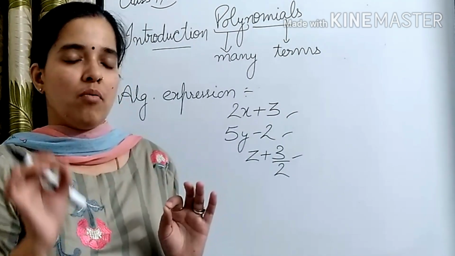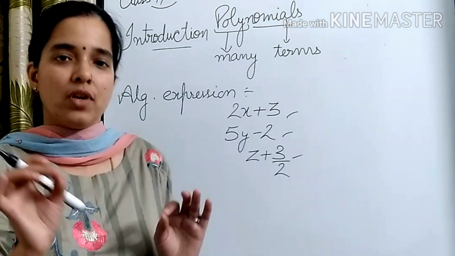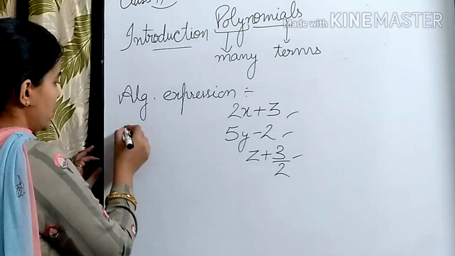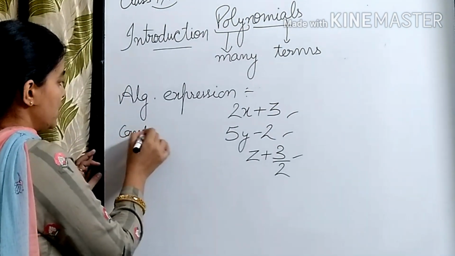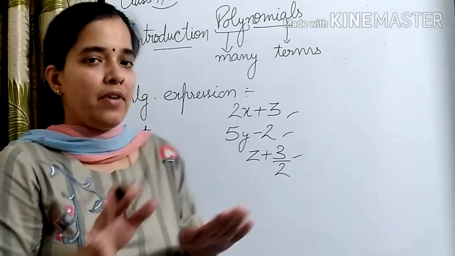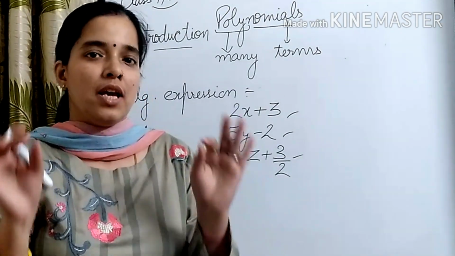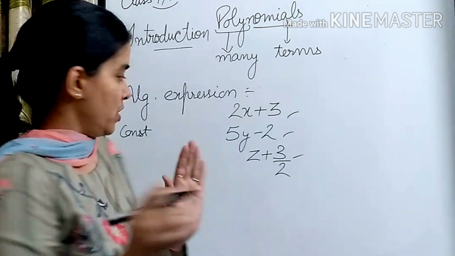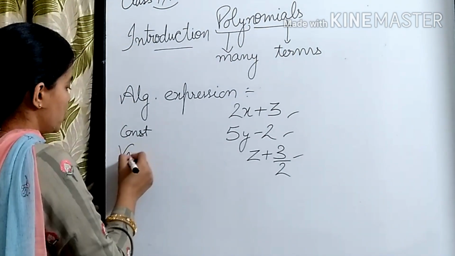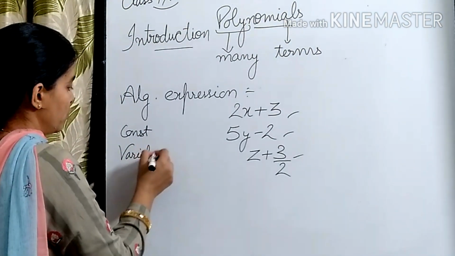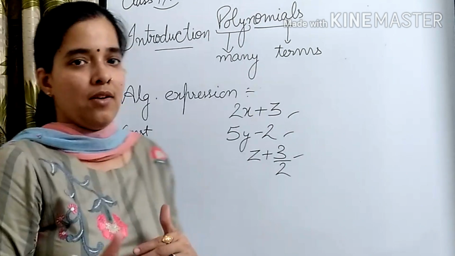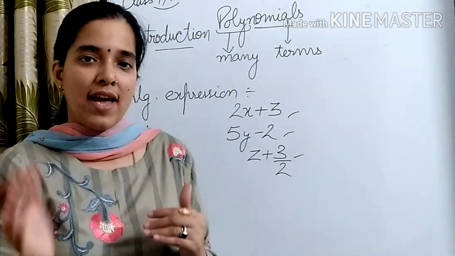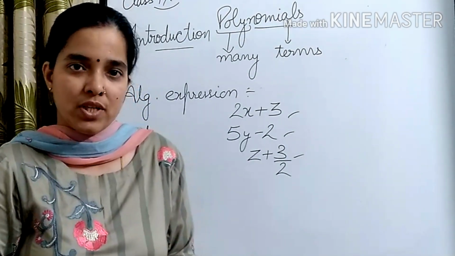I used two terms, constant and variable. So what is the meaning of it? Constants are constant. Their values will not be changed in a particular situation. And variable means those whose values vary with a particular situation.